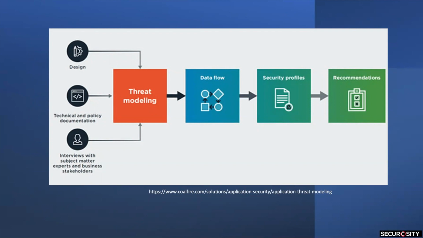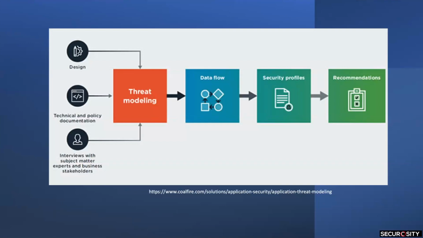The ideal time to perform threat modeling is in the earliest stages of the software development lifecycle, during the architectural phase of application development. It allows software architects to identify and mitigate potential security issues early. The ultimate purpose of threat modeling is to anticipate and proactively address how an attacker might compromise an application.